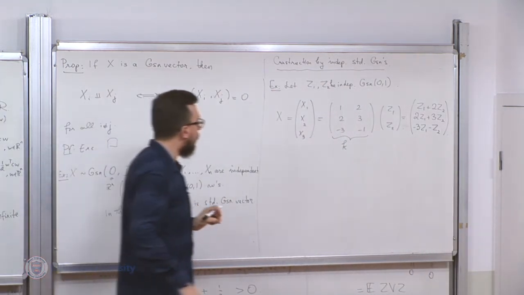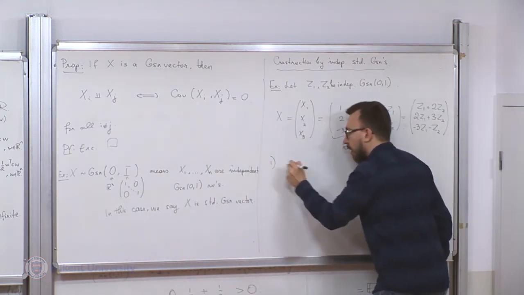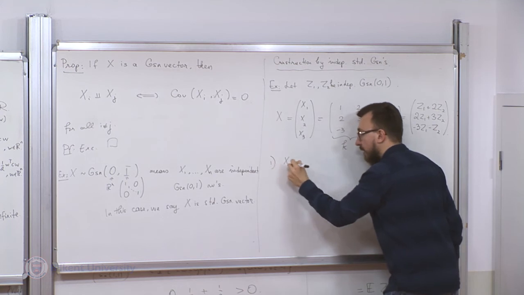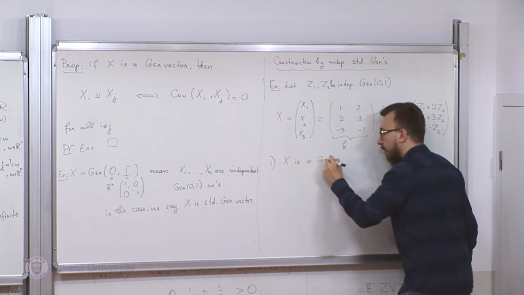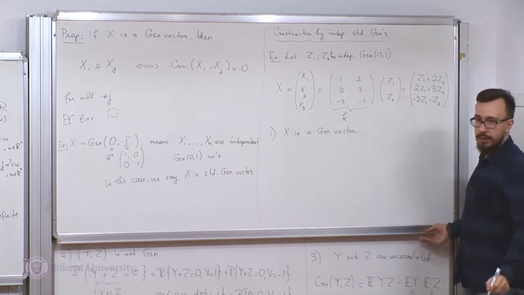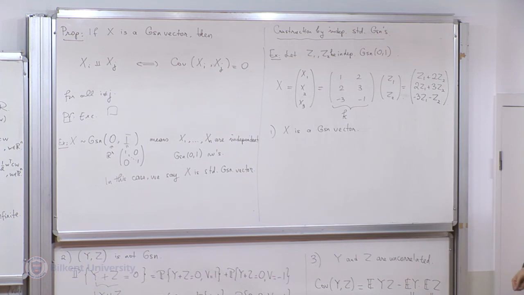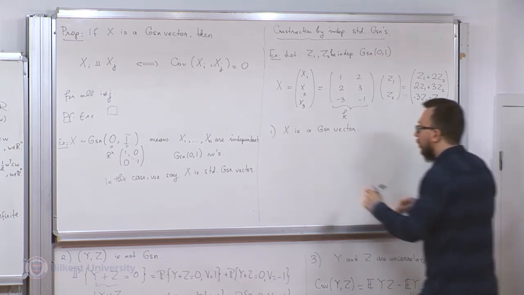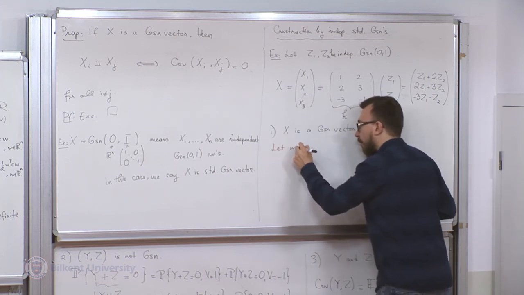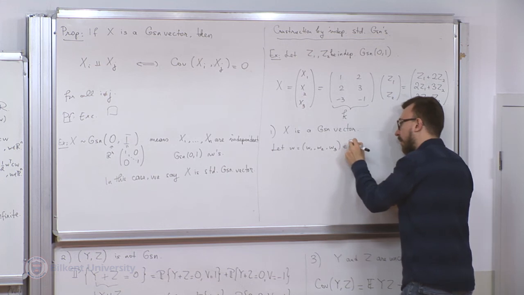Okay. First question is, is X Gaussian? So X is a Gaussian vector. Let's show this, okay? Well, what do we need to show? We need to show that every linear combination is a Gaussian random variable. So let W be W1, W2, W3 in R^3.